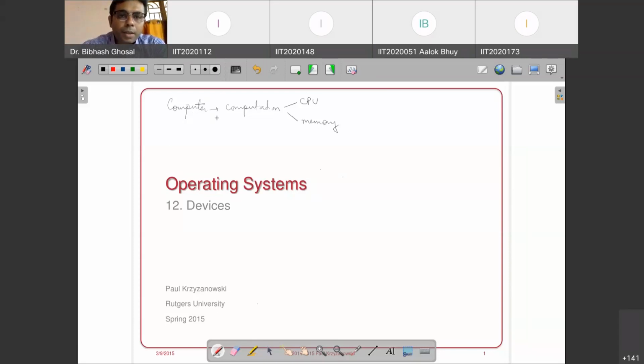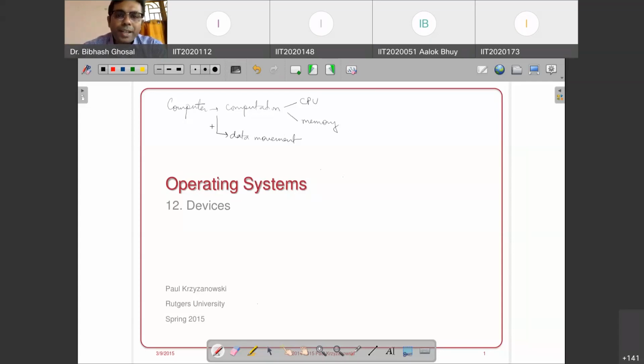In addition to that, the computer also performs some kind of data movement. And as you see, the computation requires data, and data is normally provided through some external devices, which we often call the input and the output devices. So input devices are supposed to provide the data to the computer system, and the results that are generated, again in the form of some data, are provided to some output unit for display purpose or for storage.